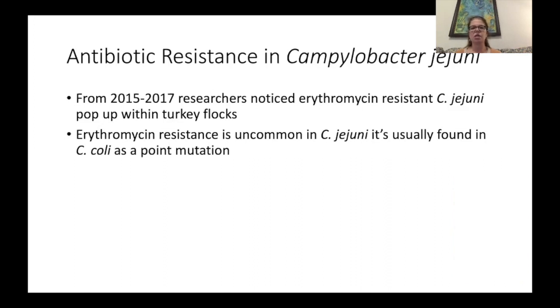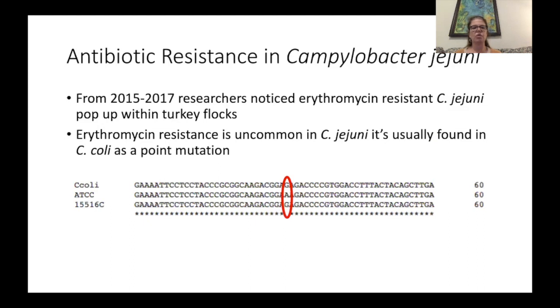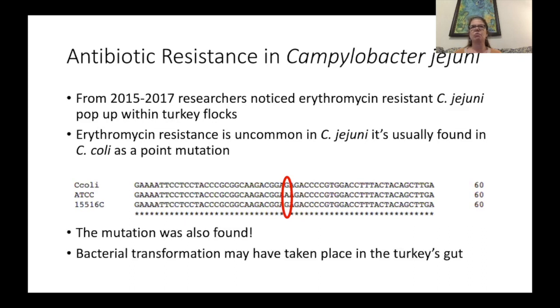And when they went in and did the whole genome sequencing, what they found is that it was a single nucleotide change between coli and jejuni that was responsible for the development of this erythromycin resistance. So this is an example of the degree of resolution that you can get from sequencing for answering questions about microbes, the emergence of certain features of microbes, et cetera, and so on.